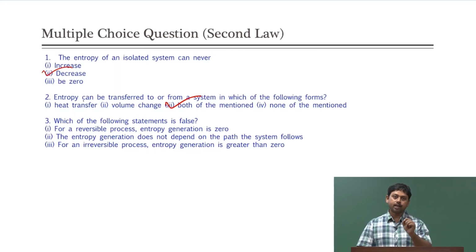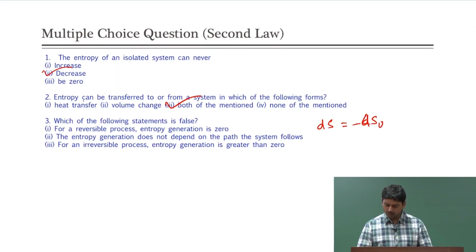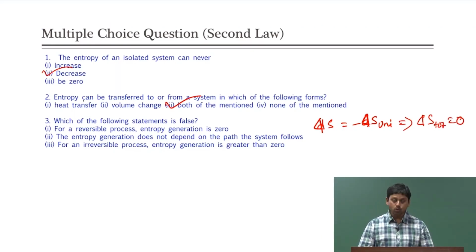Now, in a Carnot cycle, if it is done in a reversible manner, the change in the entropy of the system is equal to the negative of the change in the entropy of the universe. So, therefore, we should write the question as: for a reversible process, total entropy generation, here we mean the change in the total entropy, will be 0 for a reversible process. So, this is true given that we are talking about total entropy.